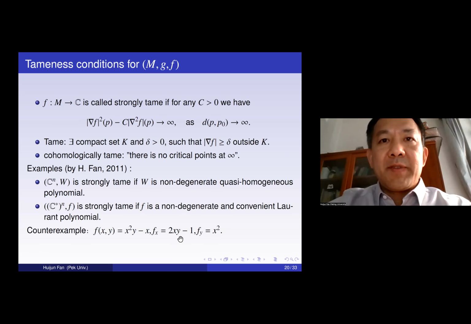You see there are no interior critical points inside C^2. But if you let x go to 0 and take y equals minus 1 over 2x, you will find a possible critical point appears at infinity. So this is a counterexample which doesn't satisfy the tame conditions.